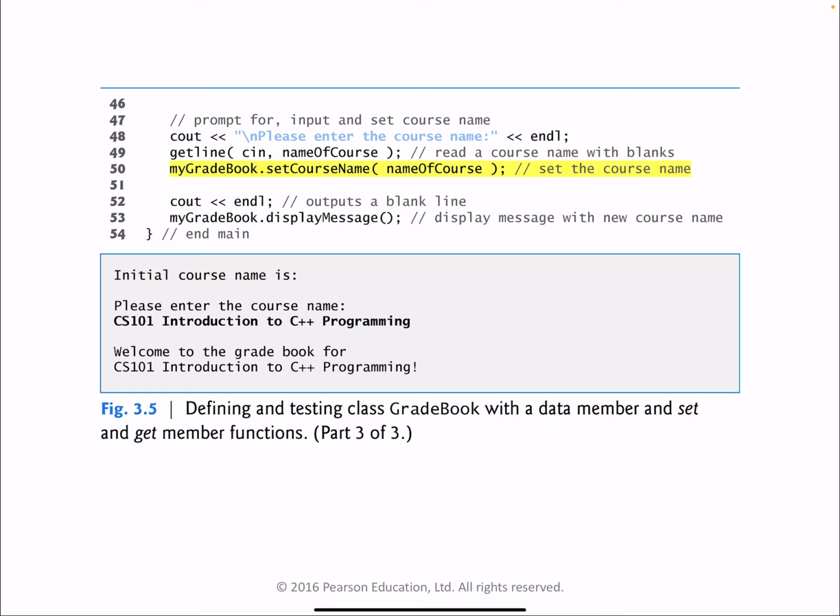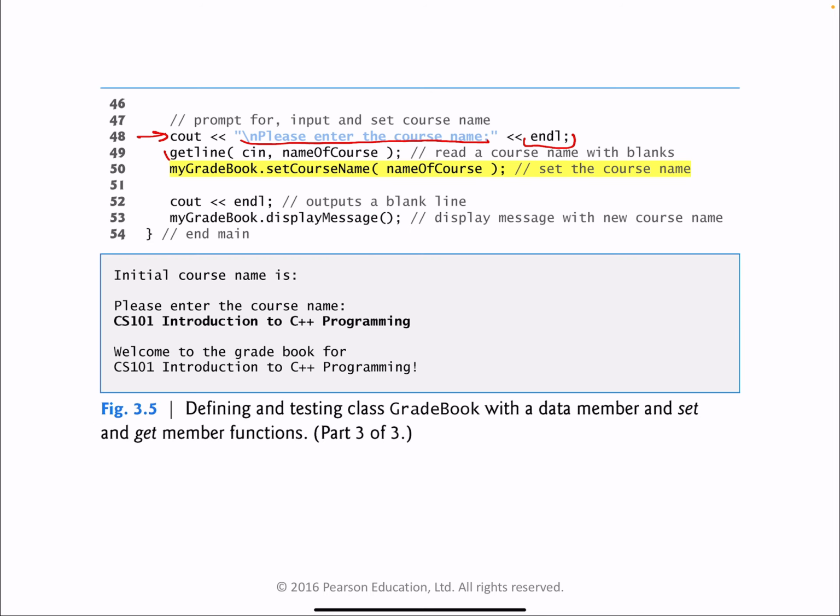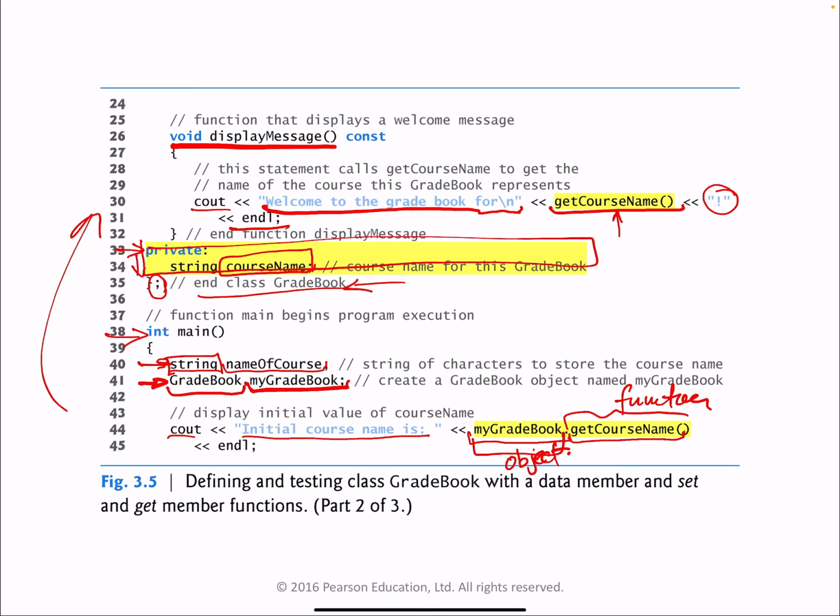And then on the next line, we have another cout statement. "Please enter the course name", new line, and we have a getline function. This is basically reading from cin a string and putting it in nameOfCourse, which is this local variable.